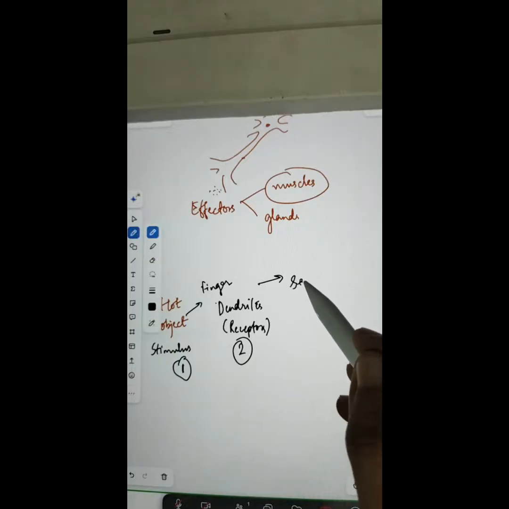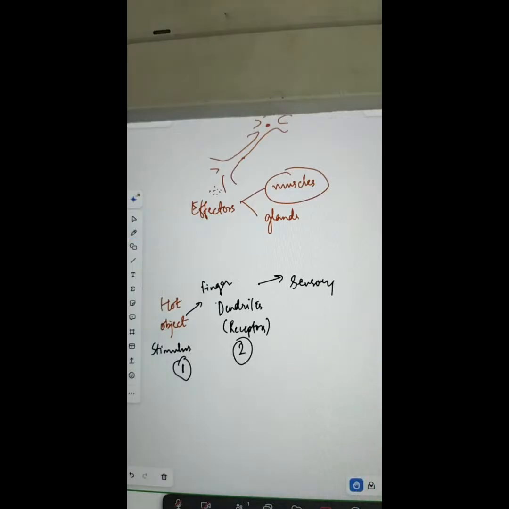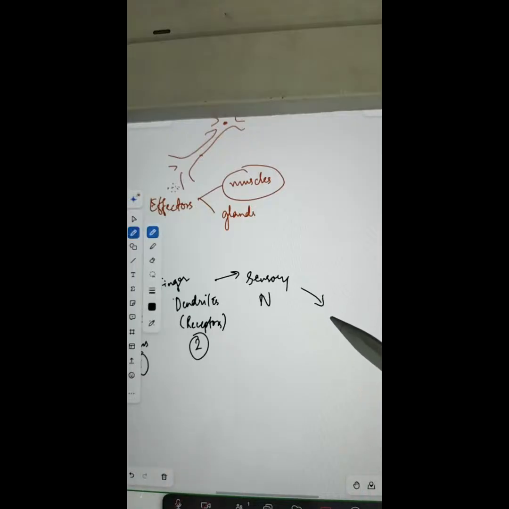Sensory neurons are the ones in which neurons are connected end to end because they have to take the information to the spinal cord. So sensory neurons will be giving information to the spinal cord. In the spinal cord, which neuron is there?